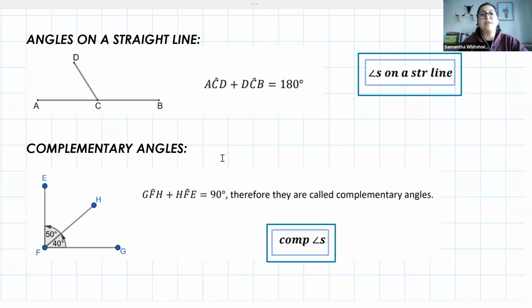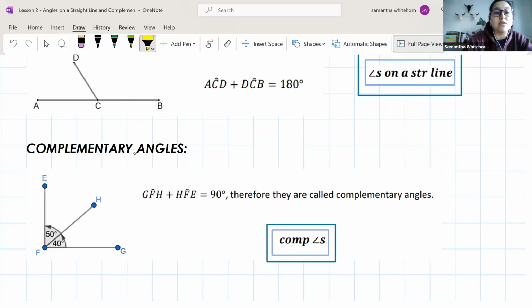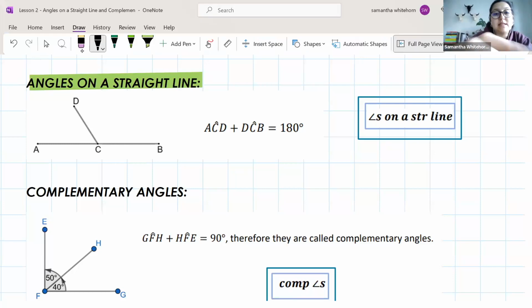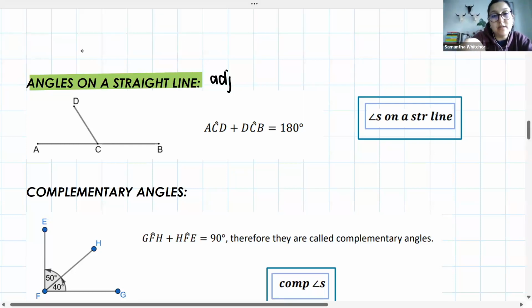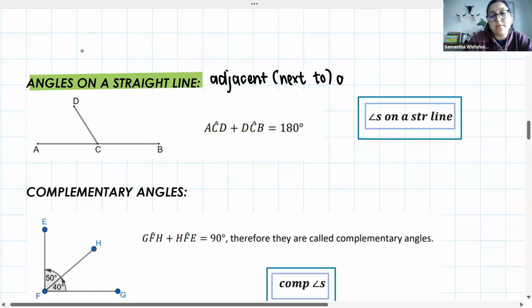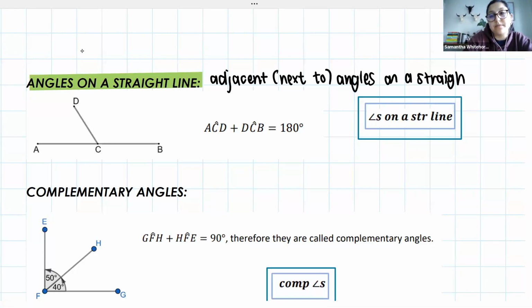All right, so our very first reason that we're going to look at today is a reason dealing with angles on a straight line. Okay, so again, those of you that have already done this at school, you'll know about this. But basically what this says is that adjacent, now adjacent means next to, so angles next to each other on a straight line add up to 180 degrees.